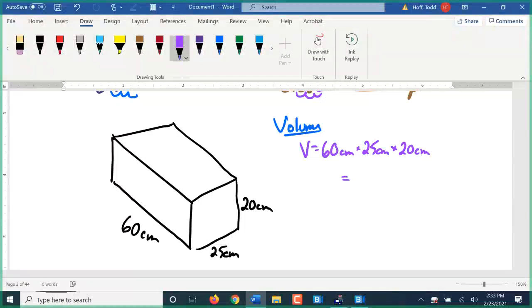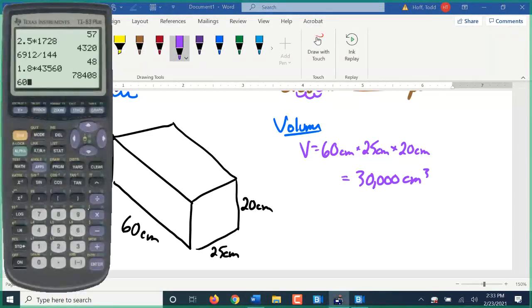What does that come out to be? Let me double check that. 60 times 25 times 20 is 30,000 cubic centimeters.